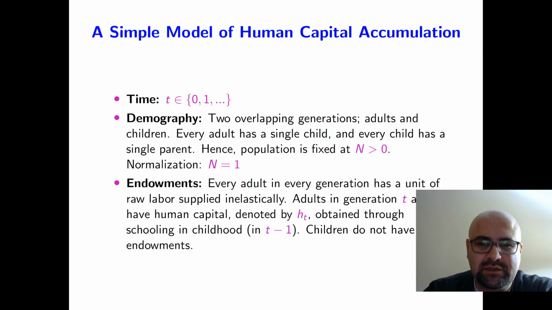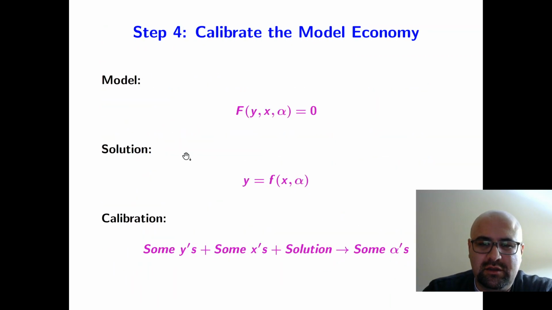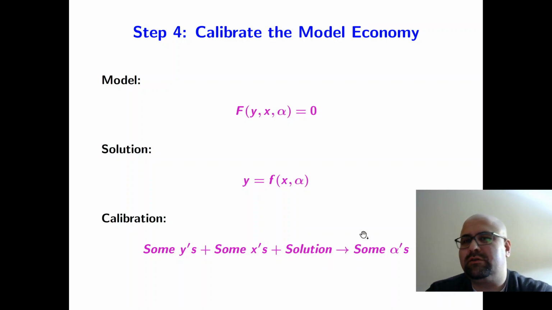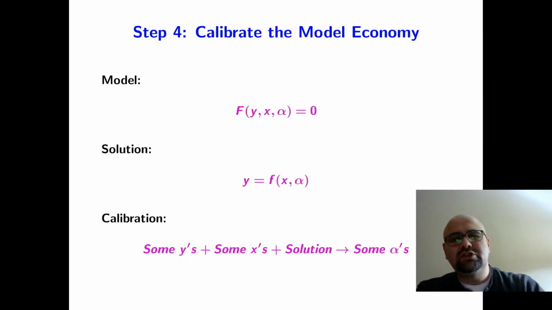So remember the calibration algorithm. Here I basically assume that if I know some values of y, some values of x's, and if I know the solution, then I obtain some of the alphas. This means that only some of the structural parameters are actually identified through the data and through the model.